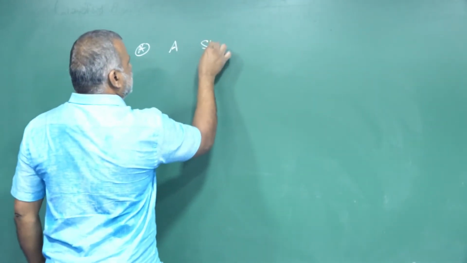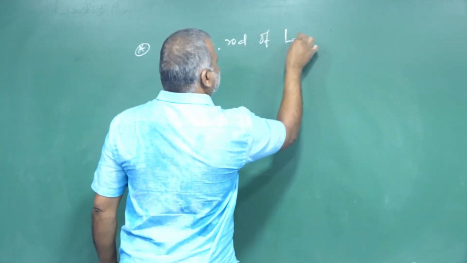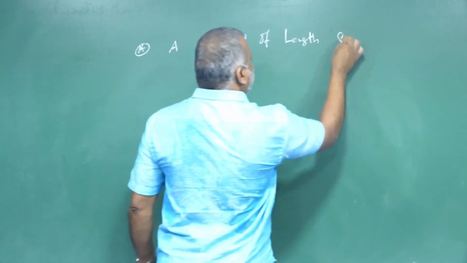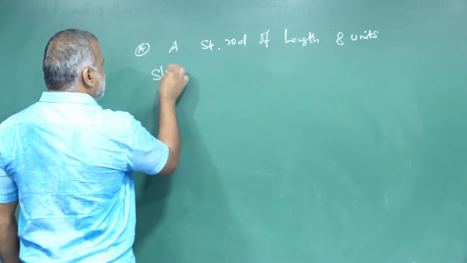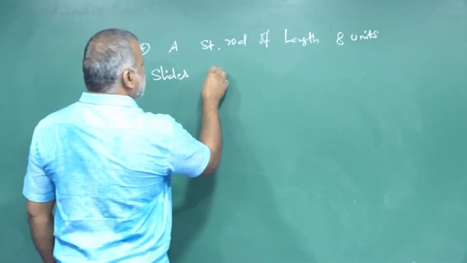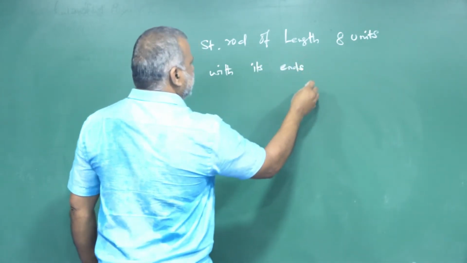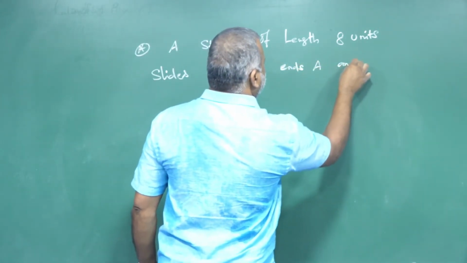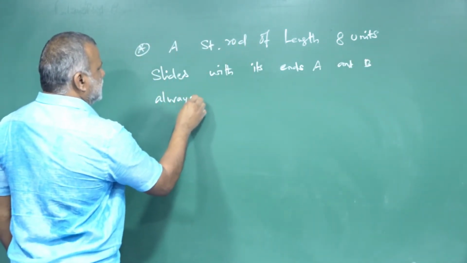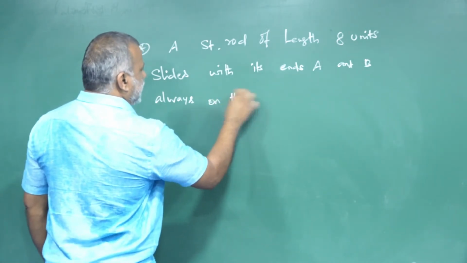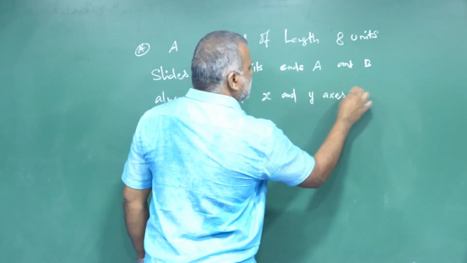A straight rod of length 8 units slides with its ends A and B always on the x and y axis respectively.